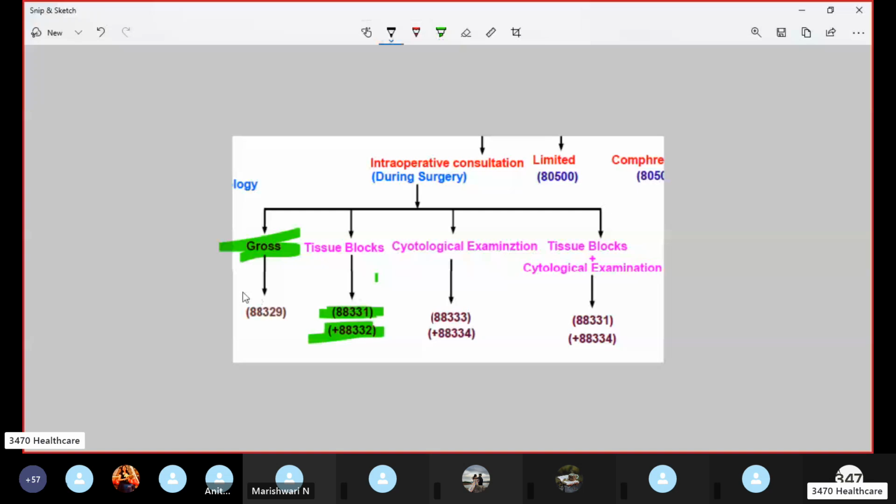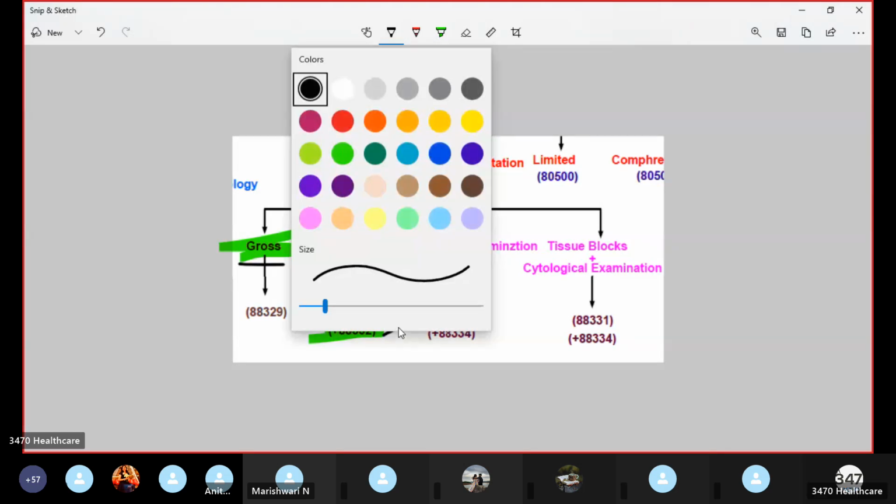Only through the eye means the first code, and taking the sample, making it into small pieces and giving the result means 88331, 88332. And the pathologist looking only at the cells is cytological examination, initial and each additional.